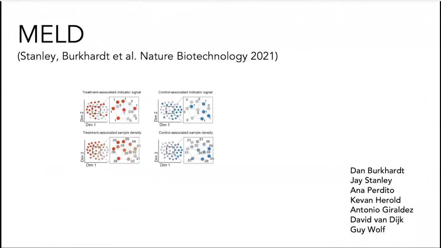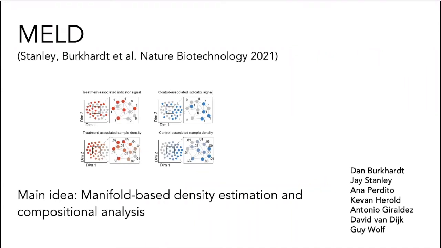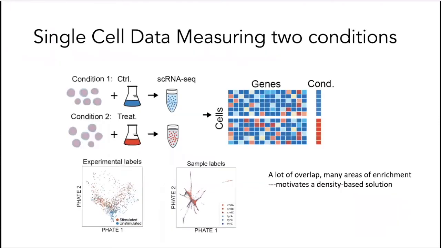The first effort we had in this vein was published last year. It's a method called MELD. What this method really does is it estimates density over the manifold using graph signal processing, and then it's used to compare compositions of two different data sets like this.